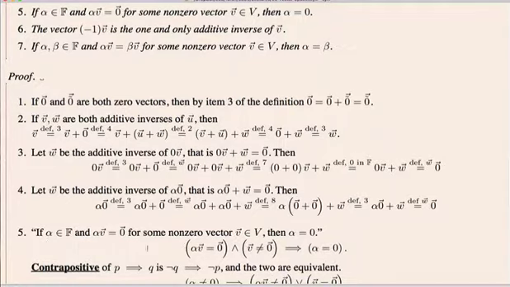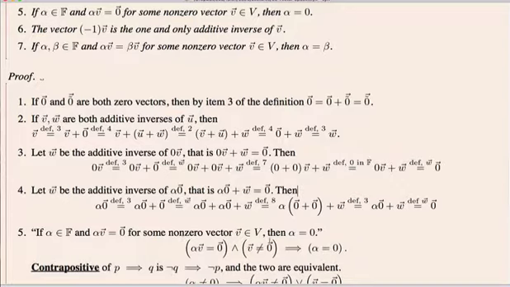And the if part has two parts. So we have that alpha times v is 0, and also we have this for non-zero vector v, so that means v is not 0. And then this implies that the alpha scalar must be 0. So this is an implication that we want to show is true.